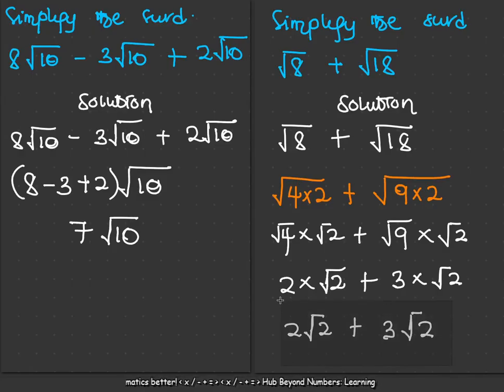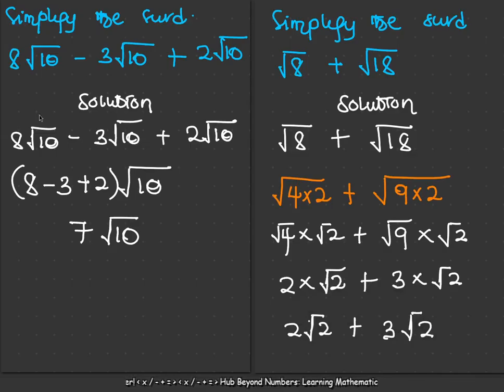And this now is in a form we can easily work with because the radicands are the same, and we also have the same index, that is root 2, square root, and then square root.